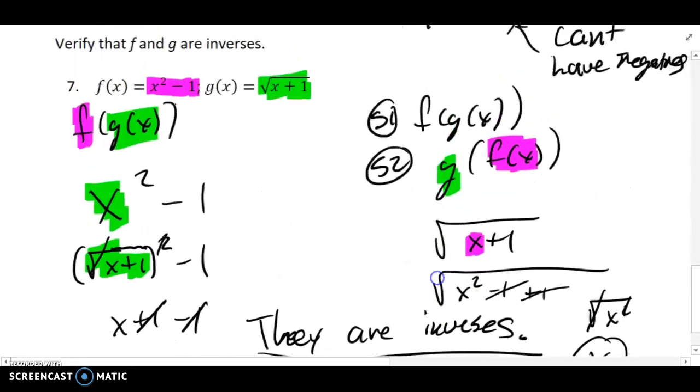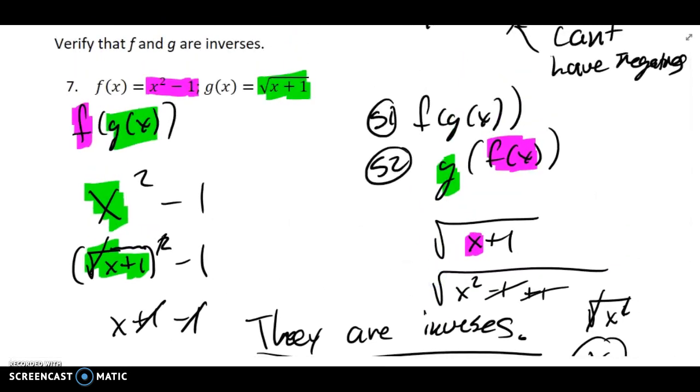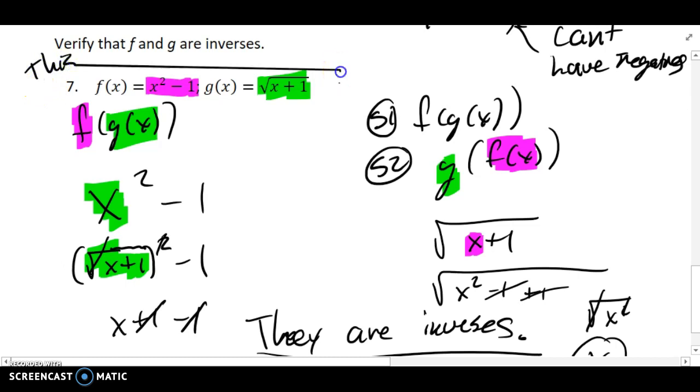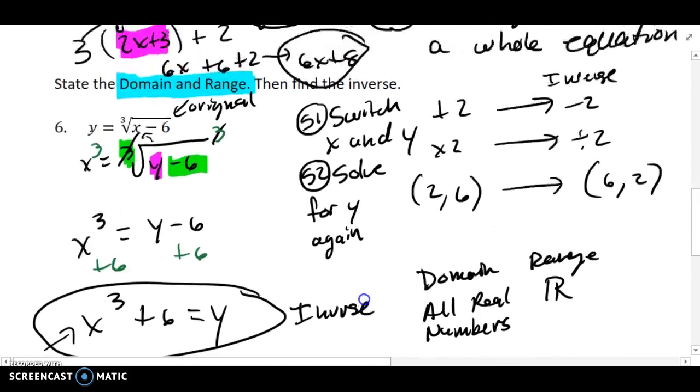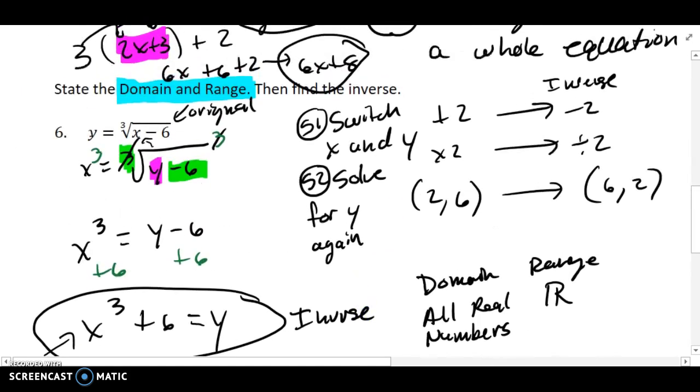And the reason why this is important is this is the standard. This is what I'm grading you on. I'm technically not grading you on domain and range. All right? So you can kind of see where the A is, right? Because domain and range is above and beyond what I'm grading you on when it comes to this.